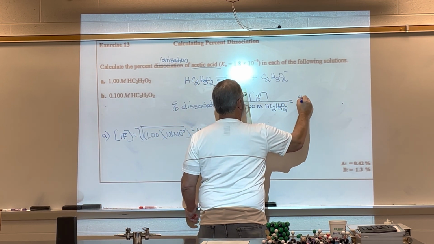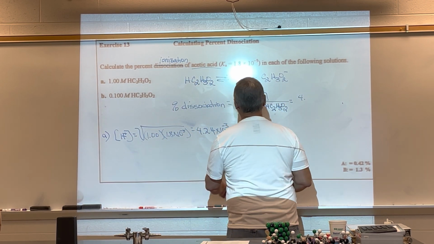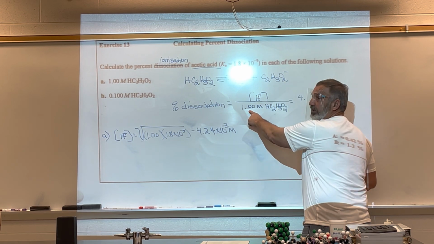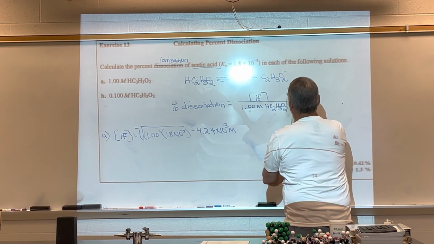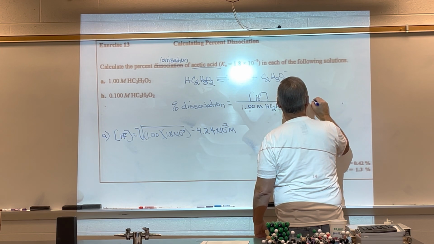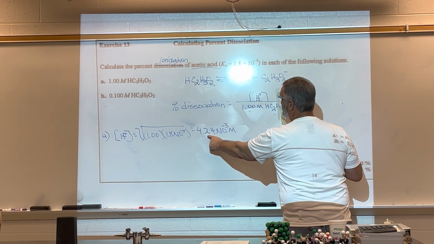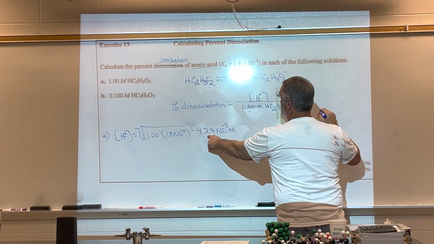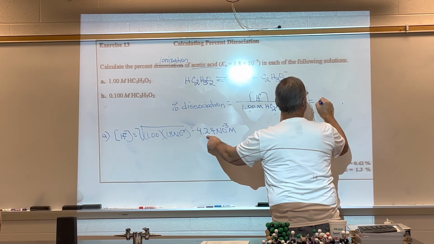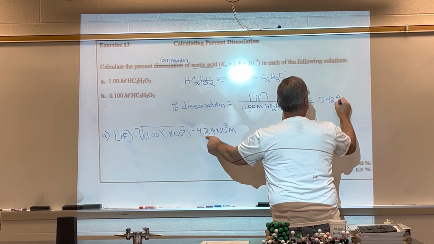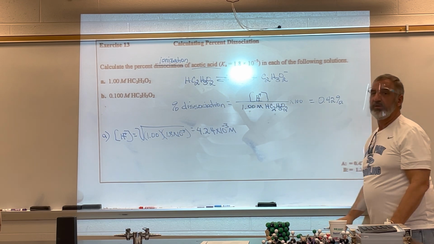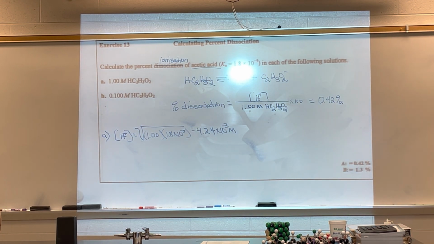So 4.2, well, we can do the math pretty easily because we're dividing by 1, right? So therefore, the percent ionization is going to be 4.42%. Not very much.